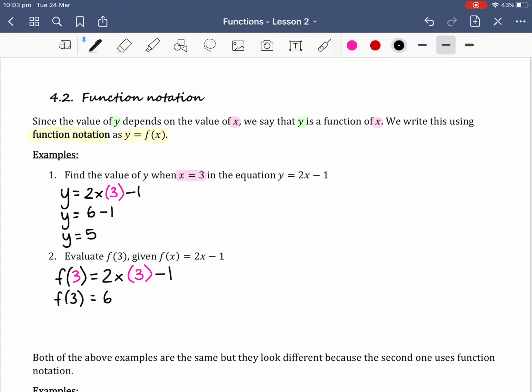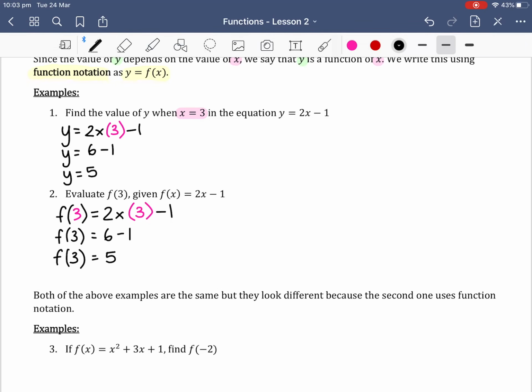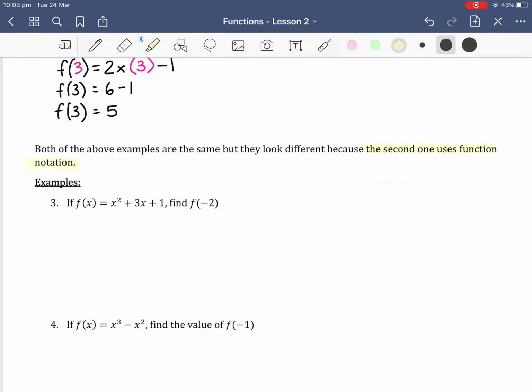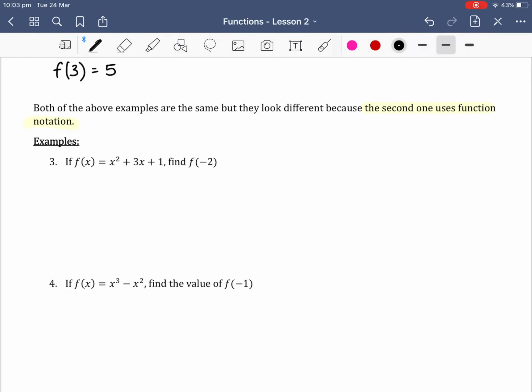So f of 3 equals 2 times 3, which is 6, minus 1. So f of 3 equals 5. Both of our above examples are the same. They look different because the second one uses function notation. Now let's look at some other examples where we're using function notation.